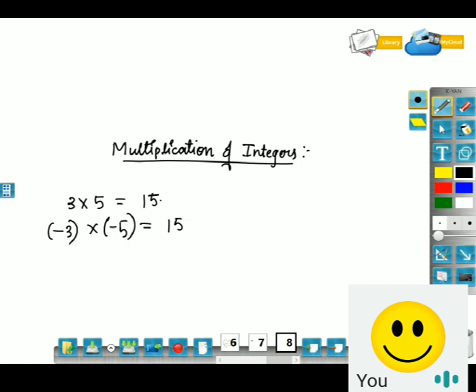In the first question you have seen both are positive signs, so on multiplying you get a positive answer. Same way in the second one, both are negative. Minus 3 is negative and minus 5 is also negative. On multiplying two negative integers, we are going to get a positive answer. Is it clear to all of you?